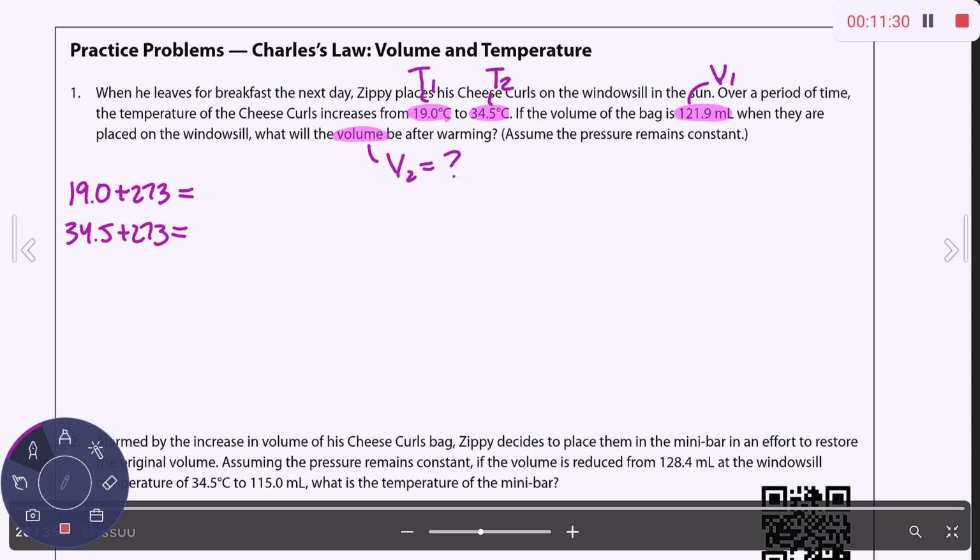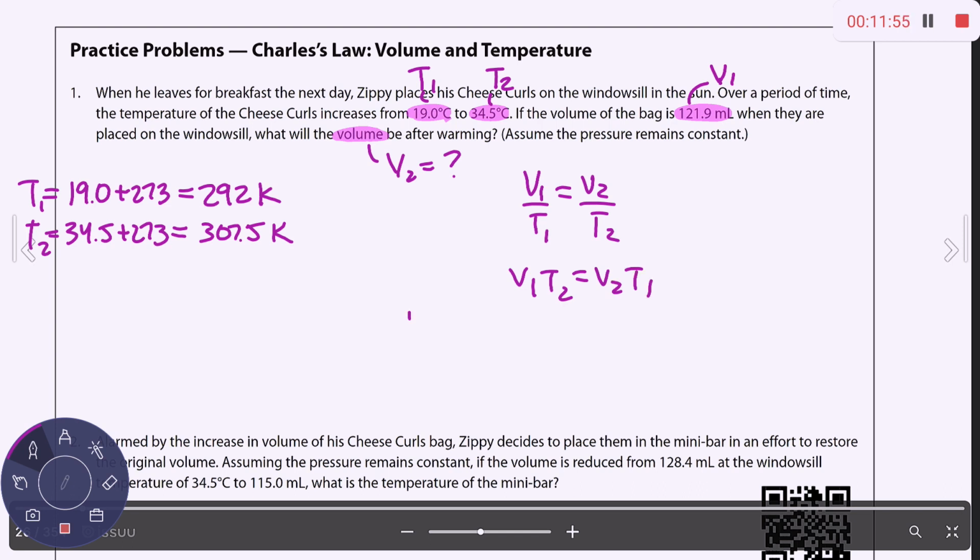Okay, so you're going to end up with, let's see, T2 is going to be 307.5. And then T1 is going to be 292 Kelvin. So we've got V1 over T1 equals V2 over T2. Cross multiply.